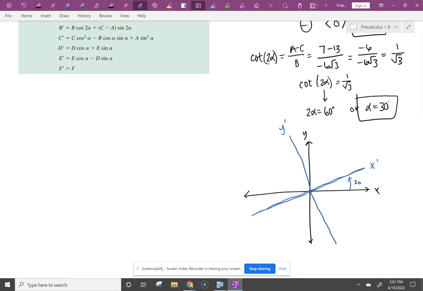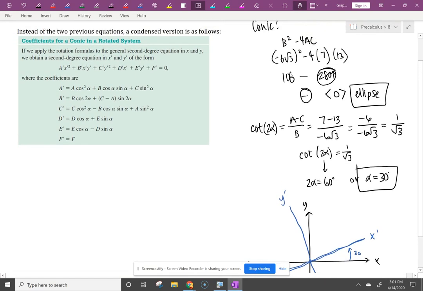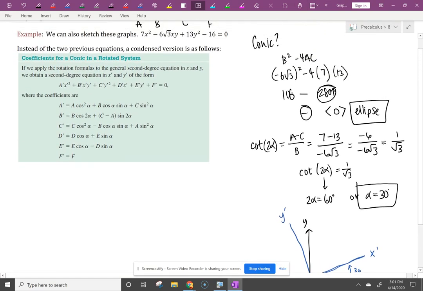So I wish I had an equation that would make some sense. Well, I do, right? So going back up here, I can say, all right, our A prime for our equation will be whatever A is times the cosine squared of the angle. So A is 7 times cosine of 30 degrees. So 30 degrees cosine is root 3 over 2, but that's going to get squared, plus B, which is negative 6 root 3.